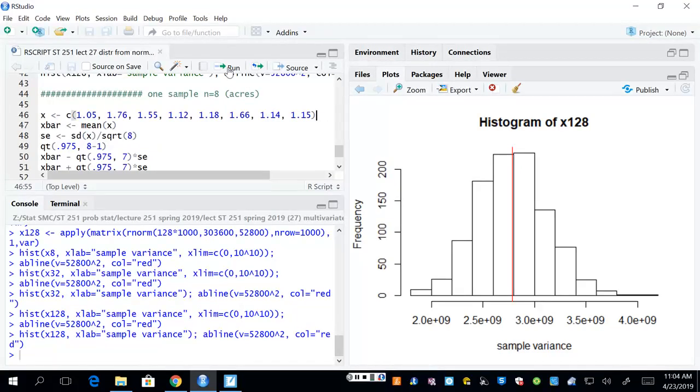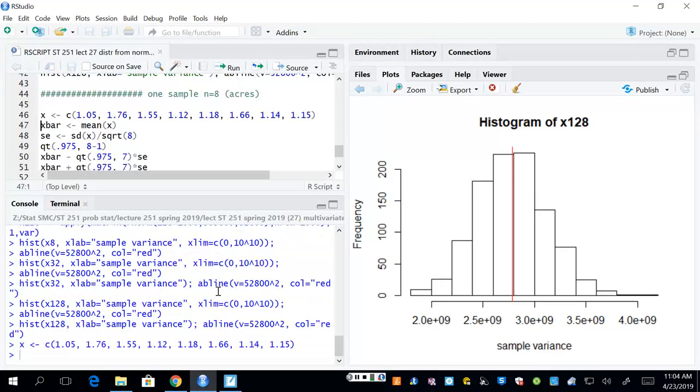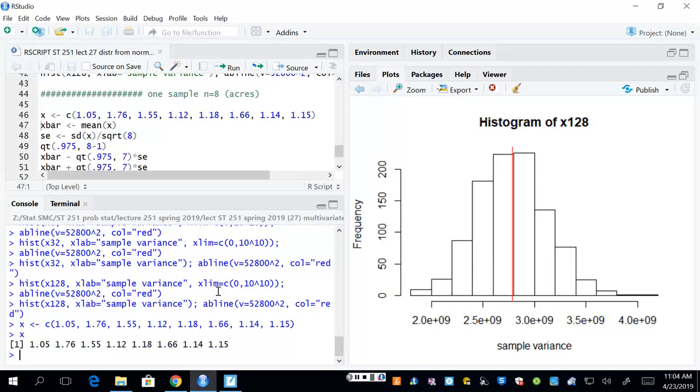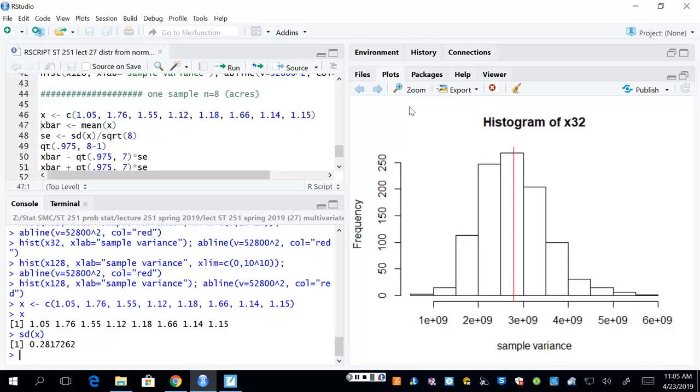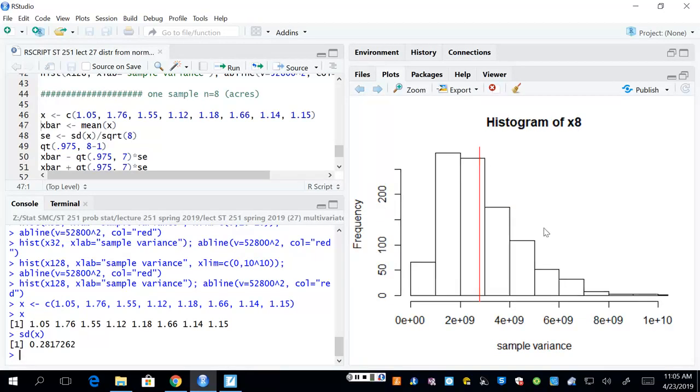Here's where we'll talk about where we use that in statistics. So if we had, say, these 5 values, the standard deviation of just those 5 values is about 0.28. Anyway, we'll come back to that numerical example. But what is this distribution of sample variances?